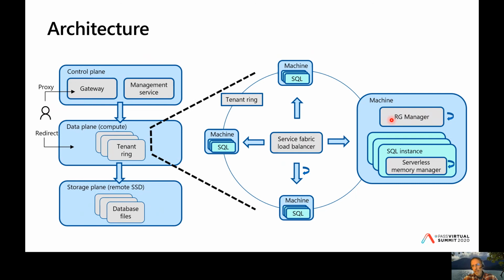Now, it can be the case that the machine itself overall is overloaded. If that's the case, then that's where the service fabric re-enters the picture and will identify a different machine in the ring that has sufficient capacity to absorb the rescaling operation for one of those serverless databases. And it will then orchestrate the repositioning of that database from the hot machine to the cold machine.